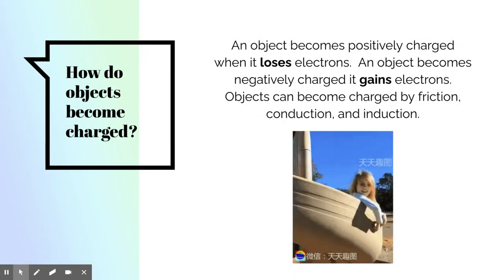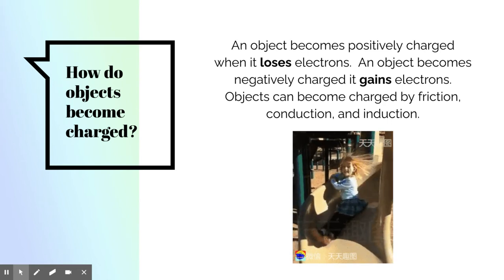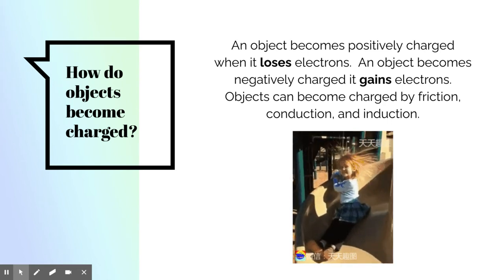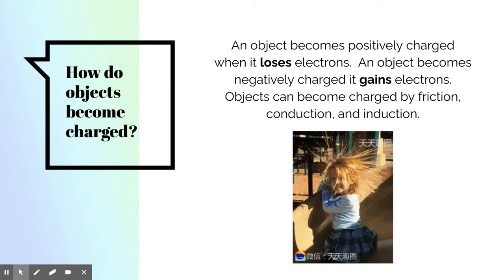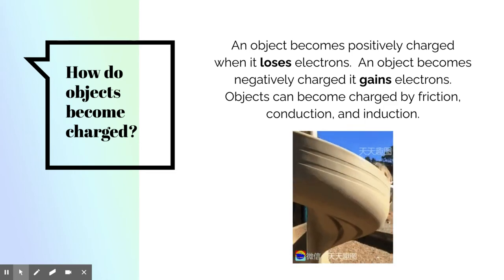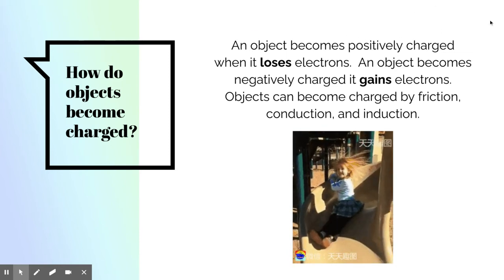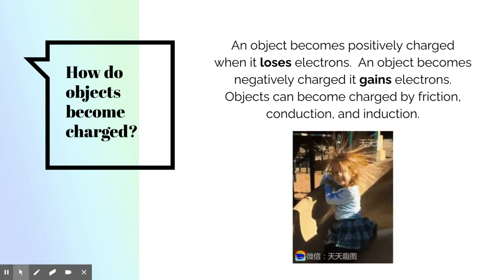All right, so when we are getting further into electric force, and we'll get into this more when we actually get back to school, we're going to talk about the different ways that an object can become charged. And basically, an object will become positively charged when it loses electrons.